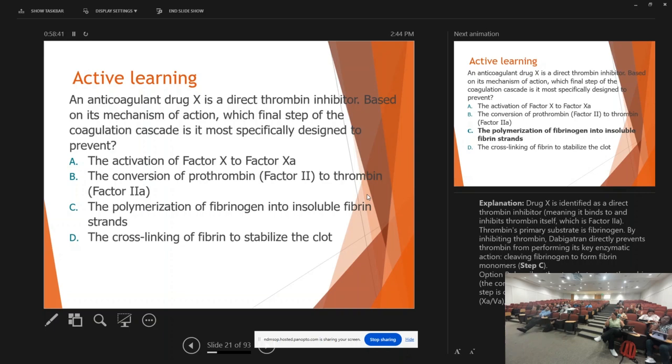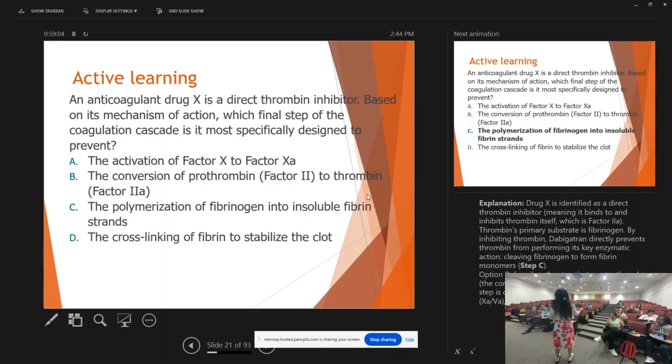Think about it: fibrinogen is soluble in the blood. It's like if you put sugar in the water, it goes into solution, right? They're not sticking to anything. They are just hanging in the solution as a solvent.